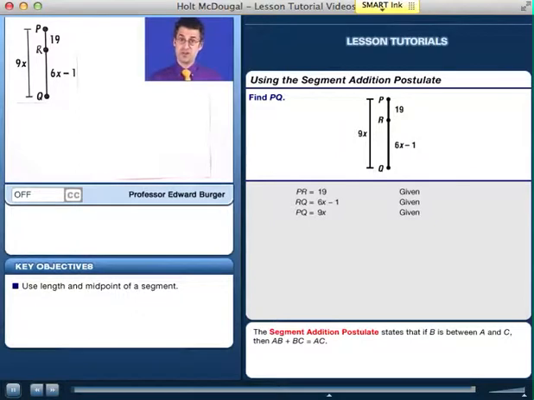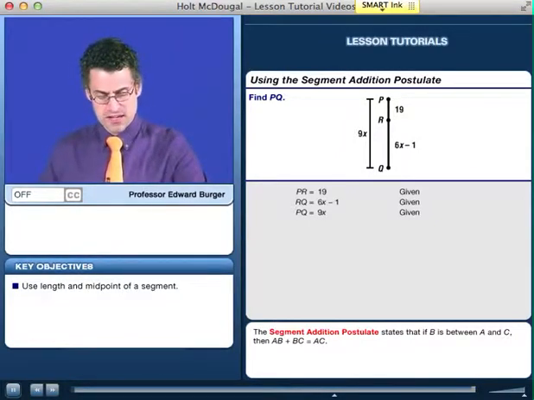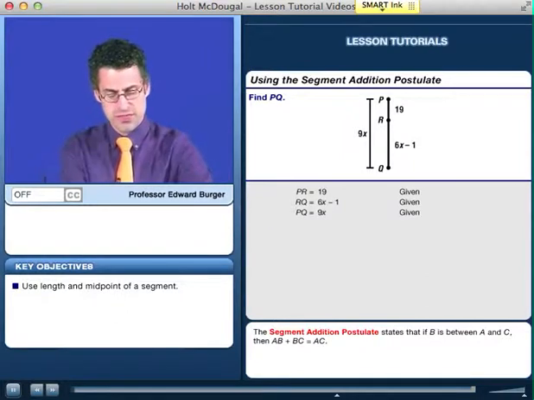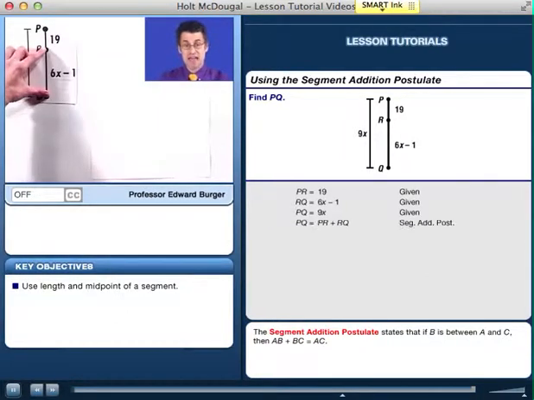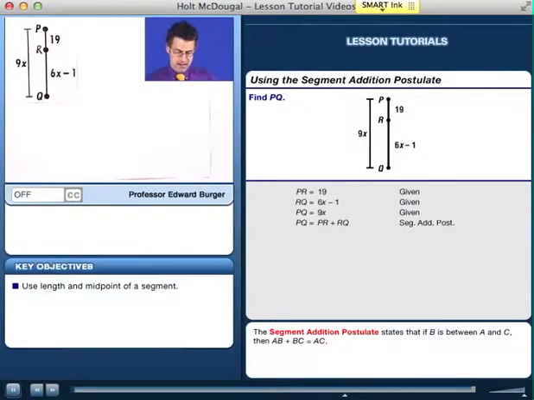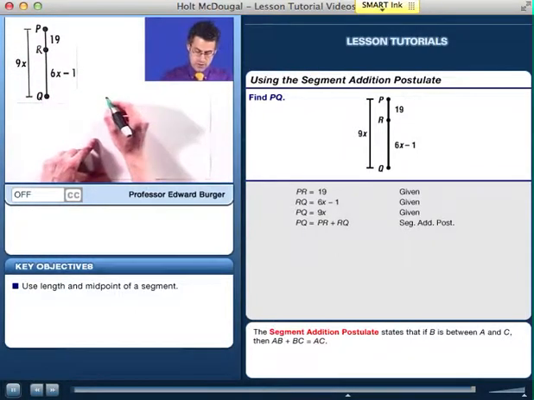How can we do it? Well, we can use the postulate we just talked about, namely that the whole is equal to the sum of its parts. So this length is actually equal to that length plus that length. If I use that, I can write down now an equation.